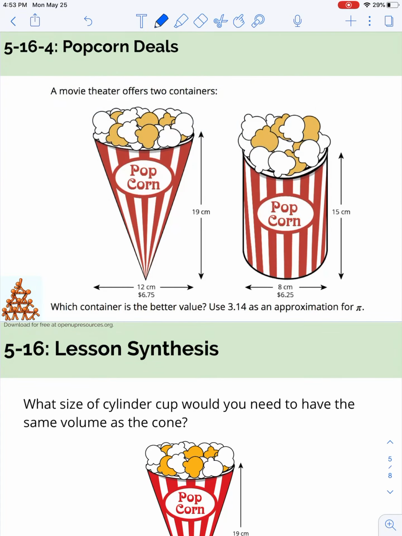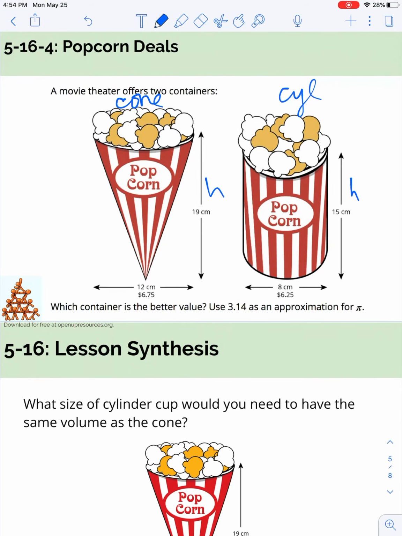Okay, so the first one has a height of 19. The second one has a height of 15. Remember, this is a cone. This is a cylinder. So don't get mixed up. Different formulas, right?